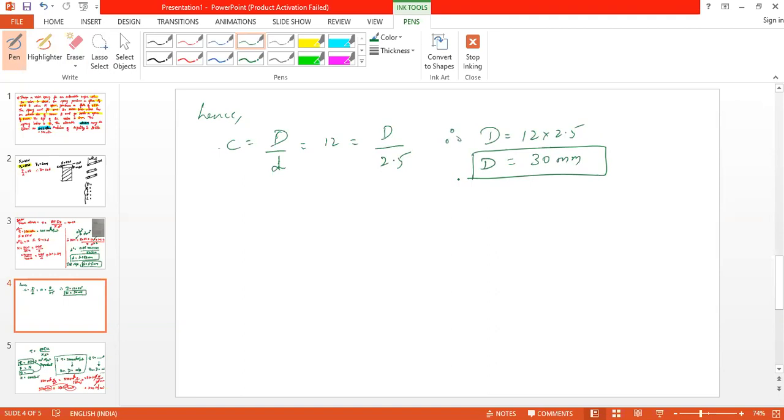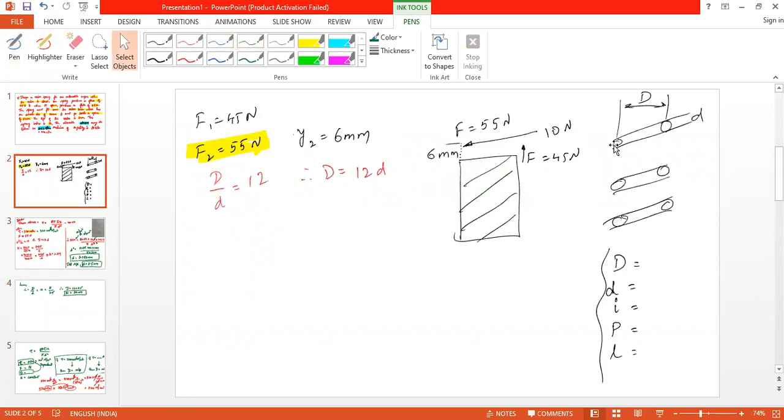Is it correct? Yes, sir. This is the mean coil diameter. So the D is this one.